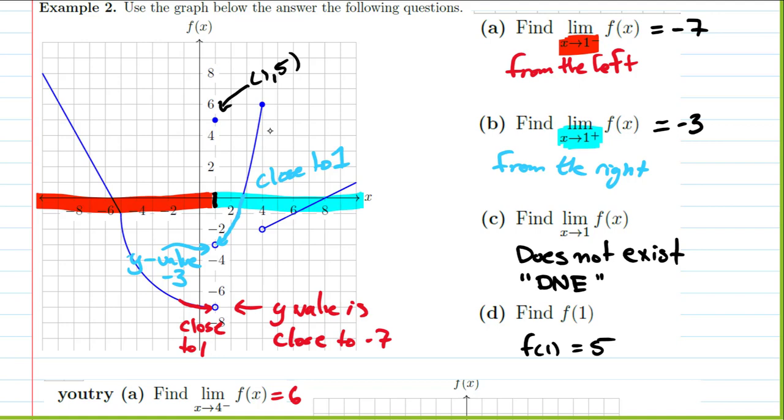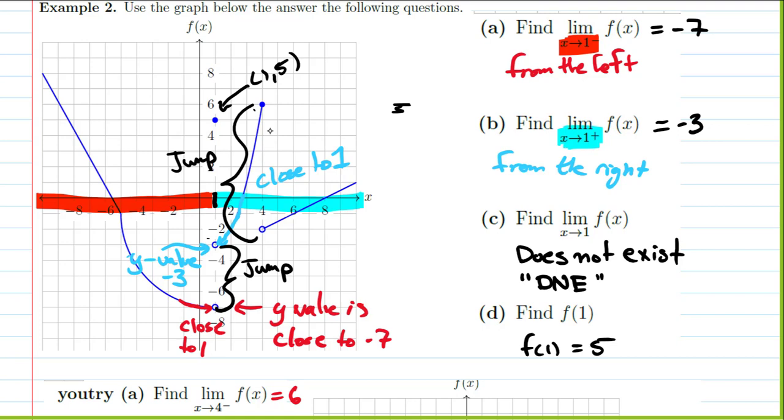Well, if we look at a picture of our graph at x equals 1, we'll notice the graph breaks into two different pieces. So we'll notice it moves vertically right here, and we're going to refer to this as a jump. We'll notice once again we had a jump right here. Wherever our graph breaks and jumps like this, we're going to have that the two-sided limit doesn't exist.